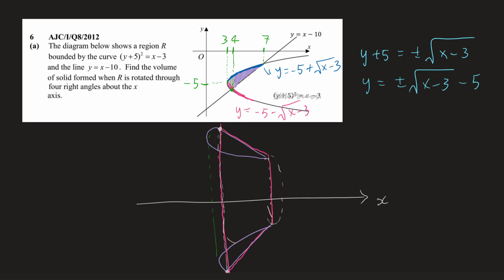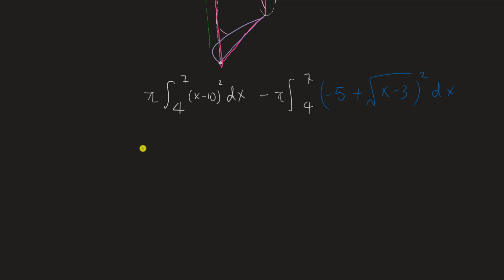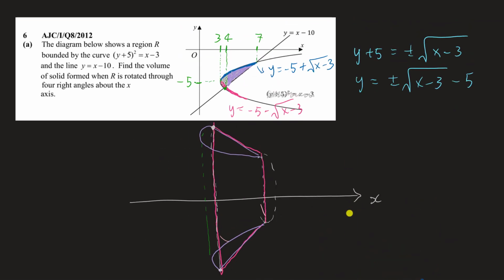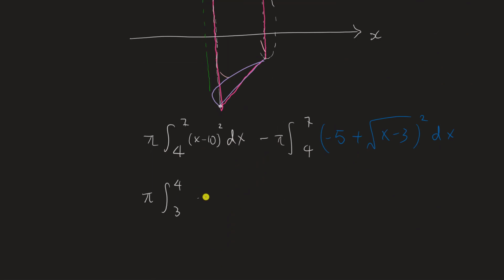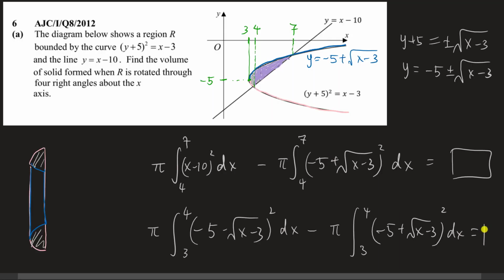So in that case, it's simply pi integral from 3 to 4 of the pink curve (-5 minus square root x minus 3) square. Subtract away, integrate from 3 to 4 of the blue curve, (-5 plus square root x minus 3) whole thing square. Once we've found these two, all we need to do is add them up.